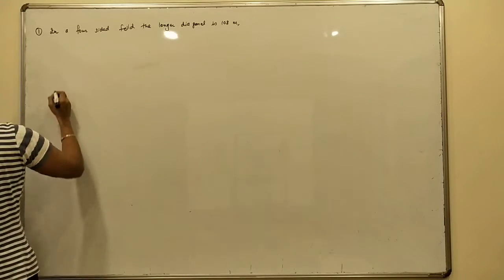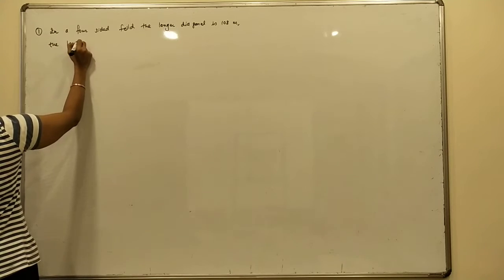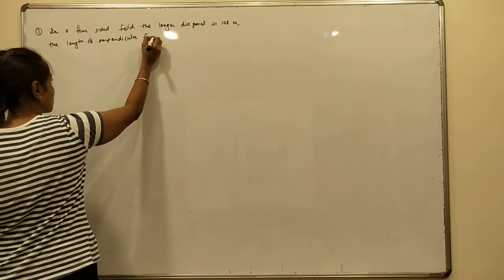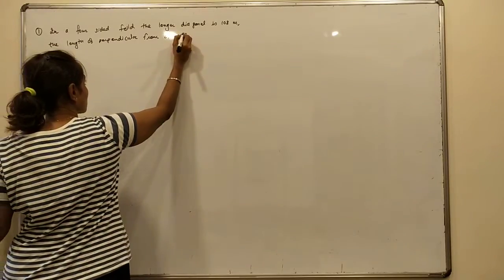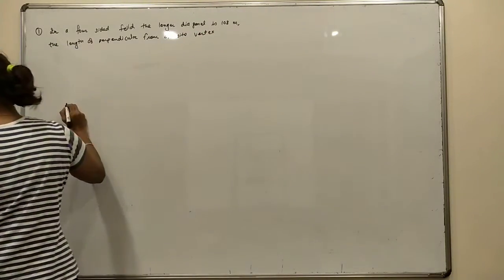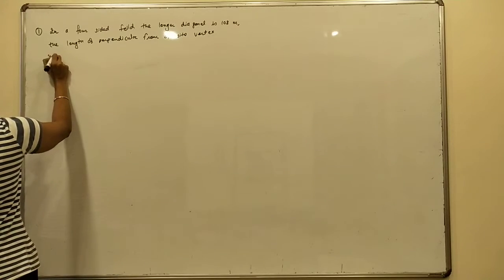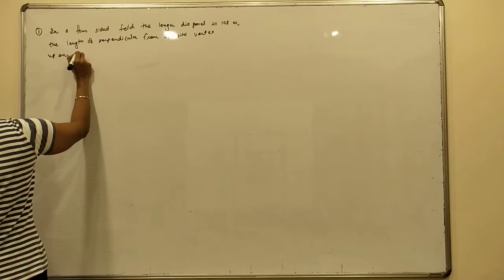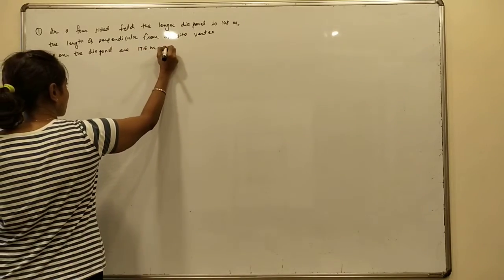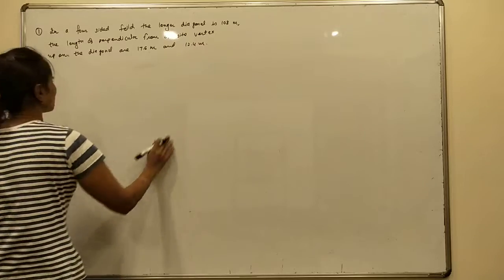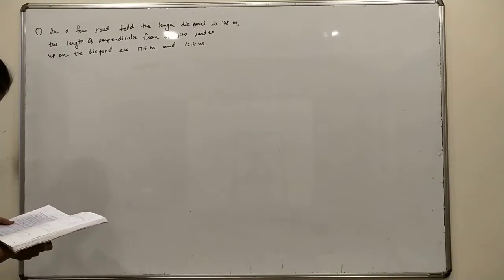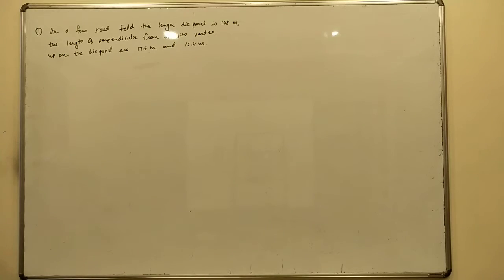The length of the perpendiculars from the opposite vertices on the diagonal are 17.6 and 12.4 meter. You have to find the area of the field.